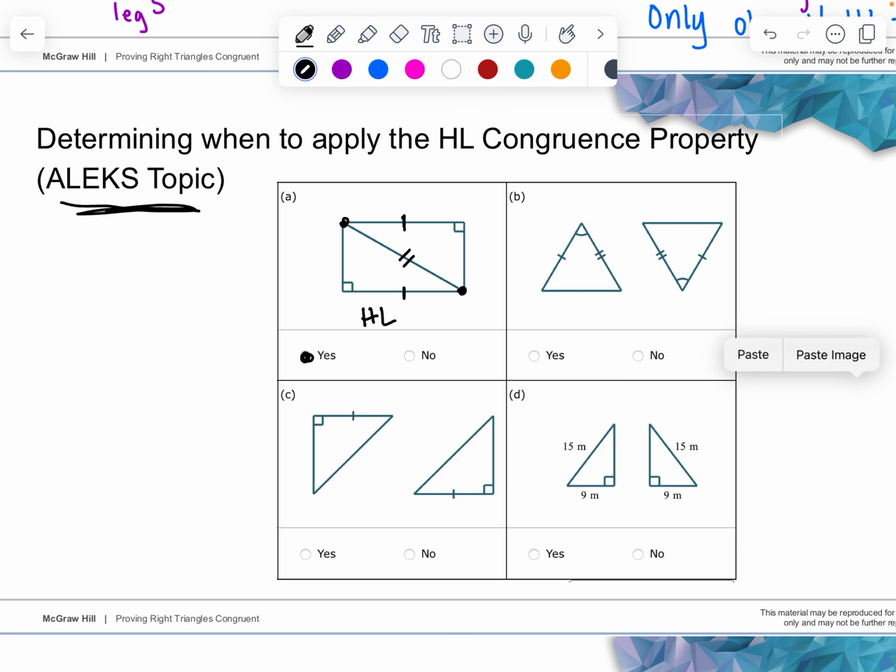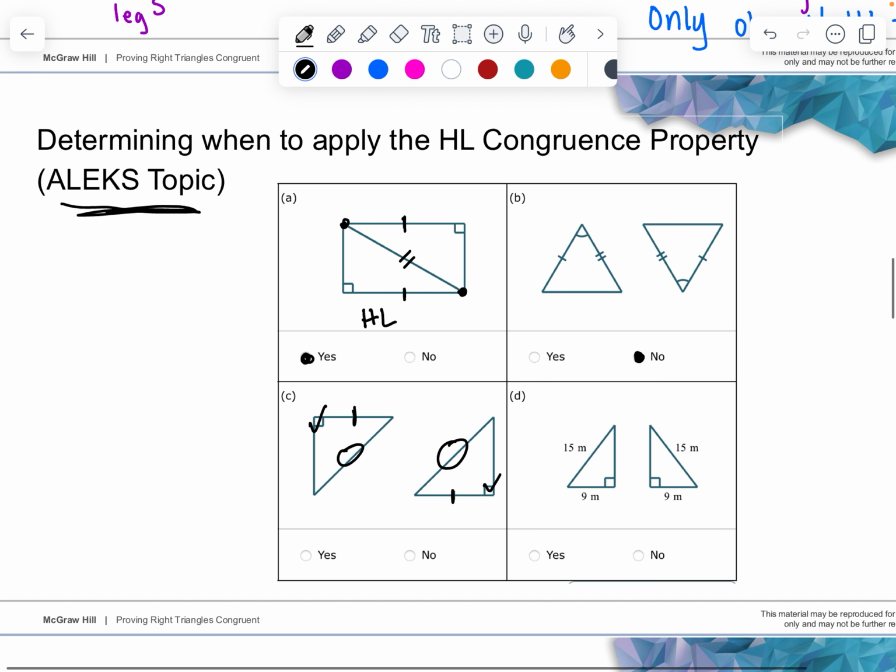Good. B, no right angles. So we can stop right there. C, they have the right angle. Check. So there's check, check. They've got a matching leg, but the hypotenuse does not tell me that those are matching. So that's a no. And then for this one, they have the right angle.